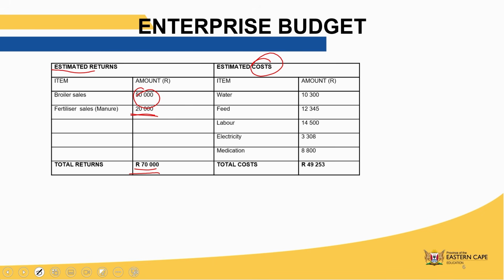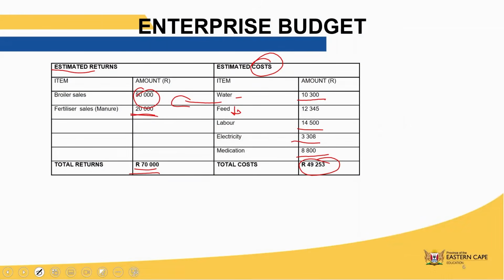And then we also have the costs. Water, it was 10,300 rands. Water for these broilers. We have the feed. Feed for the broilers was 12,345 rands. And then we also have the labor, workers on the farm. They were paid 14,500 rands. Then we have electricity for those broilers.